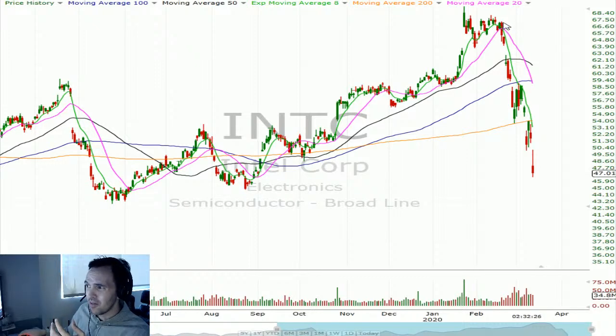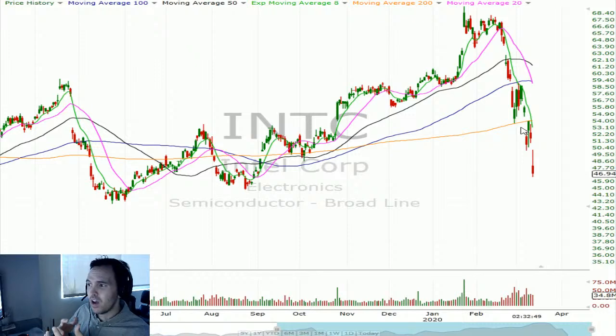Just quickly to go over it, I use the 8 EMA, which is the green one. Pink one's the 20 simple moving average, 50 simple, 100 simple, and then 200 simple, right? And those are really the five main moving averages I focus on intraday and on a daily basis. And a lot of my trade ideas revolve around those five moving averages, right?